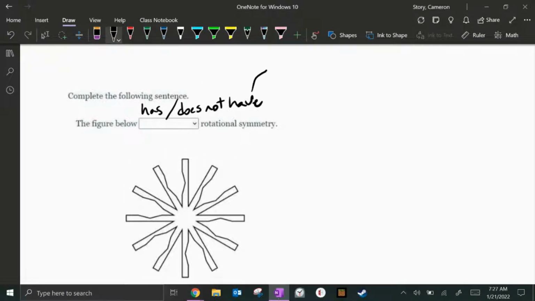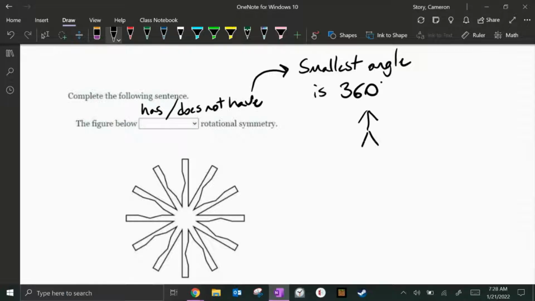If it does not have rotational symmetry, it means that the smallest angle to see the shape regain its original form is 360. Okay, so for example, if you take a person, a stick figure has 360-degree rotation. It does not have rotational symmetry because you would have to rotate it a whole 360 degrees for it to become itself again.